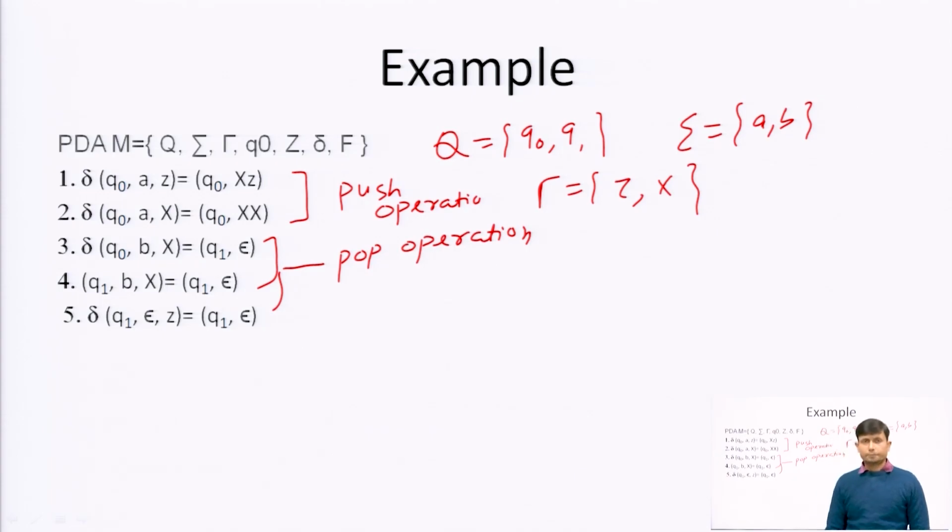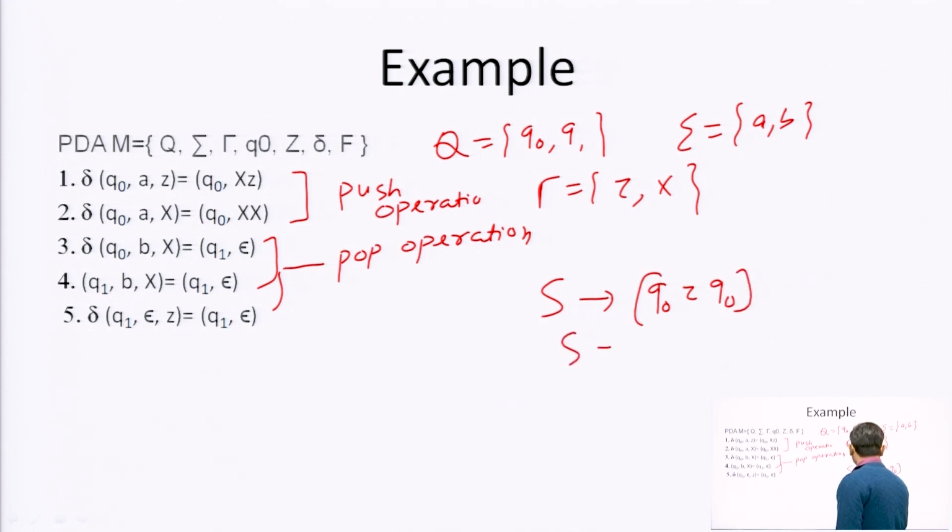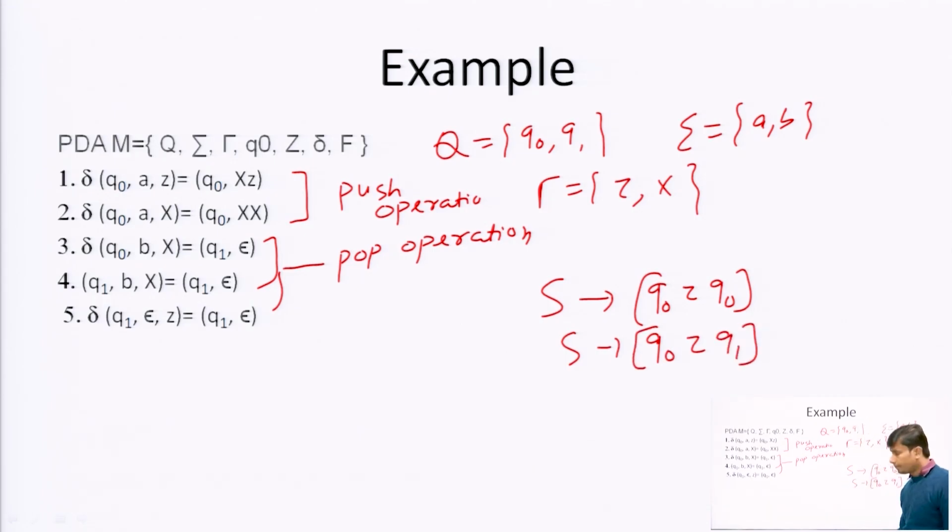For this we have to design a context free grammar. So, what is the first rule? The first rule says S is the starting symbol, and S derives [q0 Z q0], and S derives [q0 Z q1]. This is the first production rule.